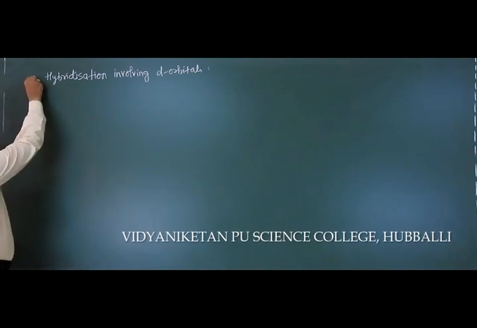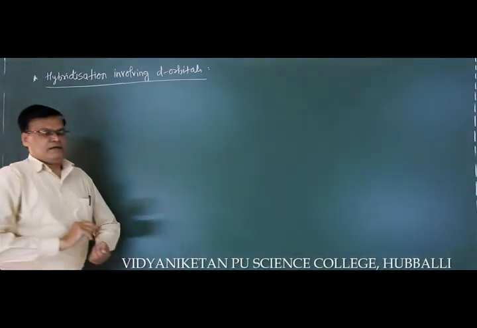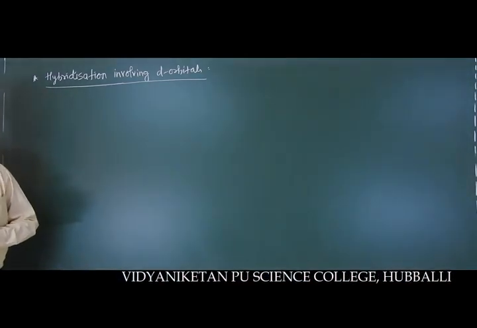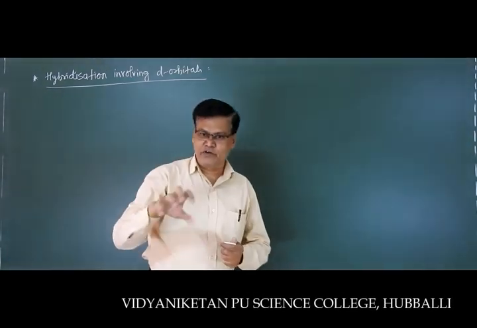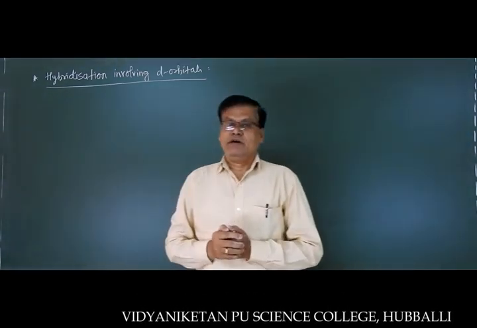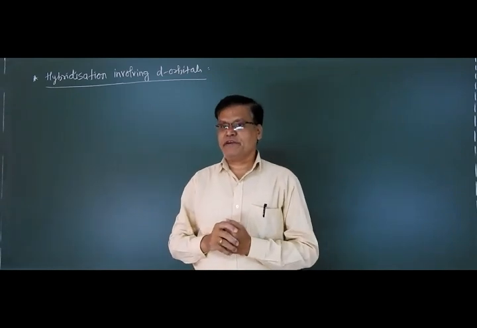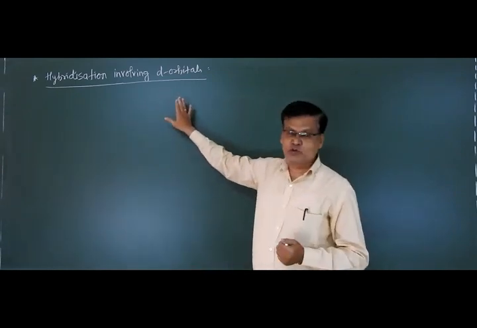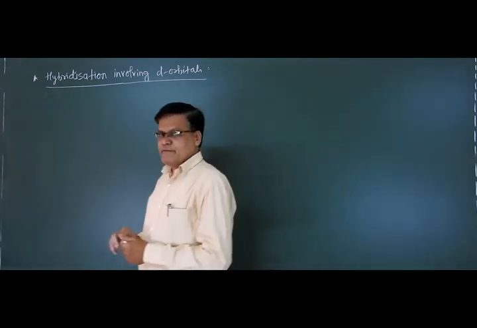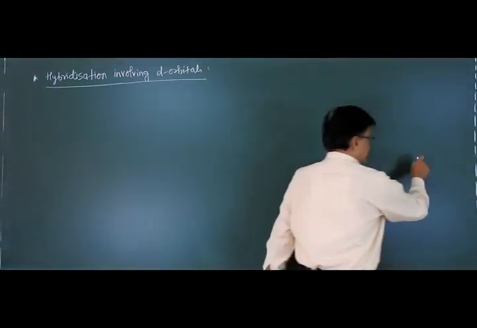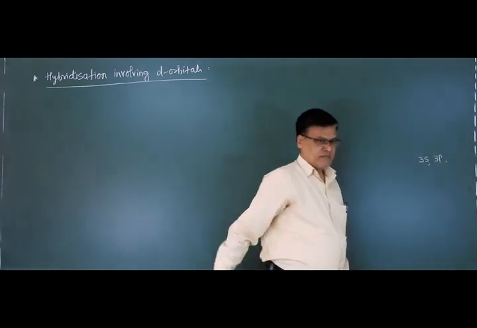Before going to discuss this, see here: 3d orbitals means which elements? Generally 3d orbitals are involved in hybridization. In the periodic table, elements present in which period show this type of hybridization? Generally 3s configuration, 3p configuration will be there.